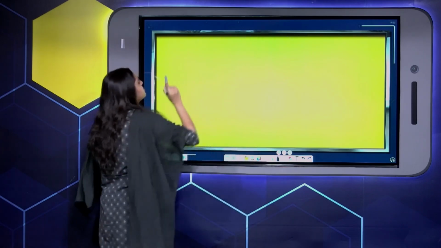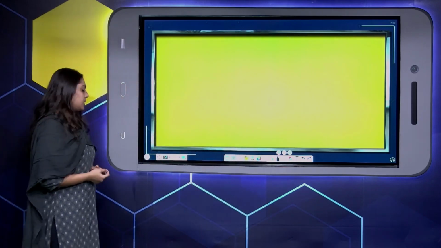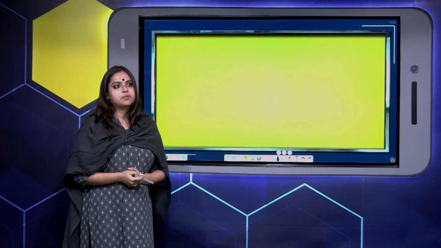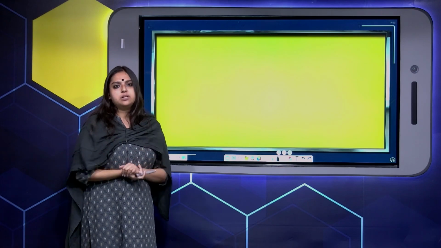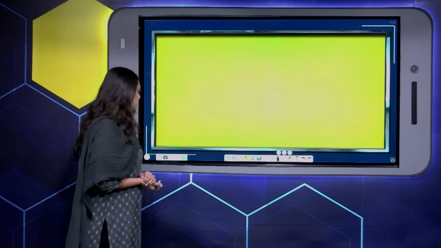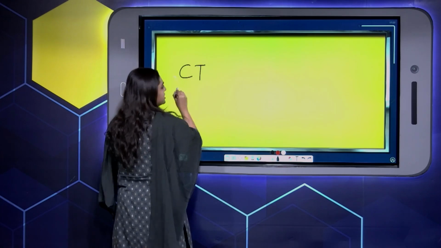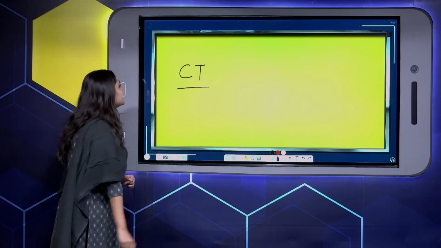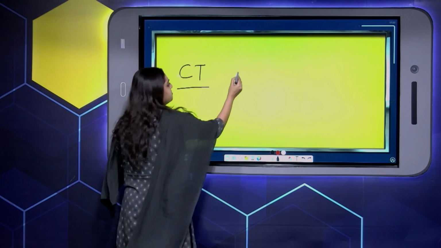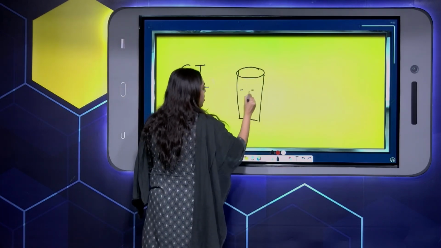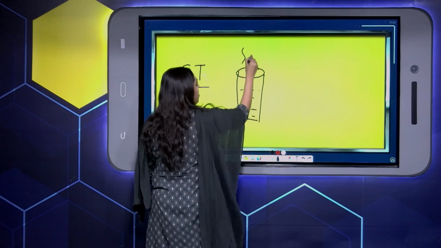Now, one more thing I would need to discuss. You would say that, ma'am, my mother has given me a glass of milk and I want to measure the temperature of the milk. Can I use the clinical thermometer, CT for short, to measure a glass of milk which is hot?